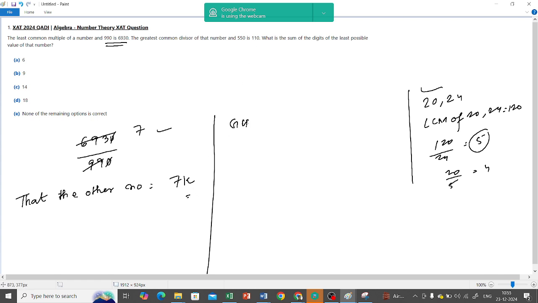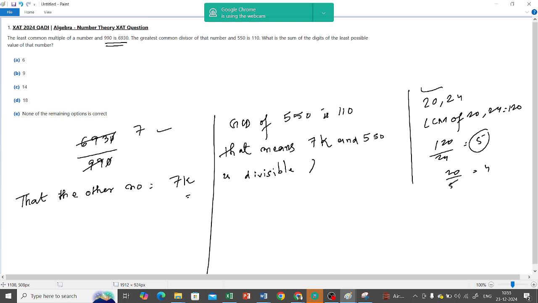So the GCD of 7k and 550 is 110, which means 7k and 550 are divisible by 110.